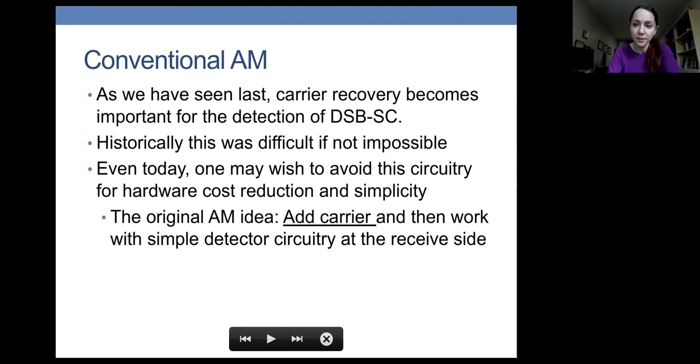The idea is to add the carrier on top of the double sideband spectrum. Essentially, when you put the carrier on top, you are helping the receiver by sending what it needs for the modulation along with the modulated signal.